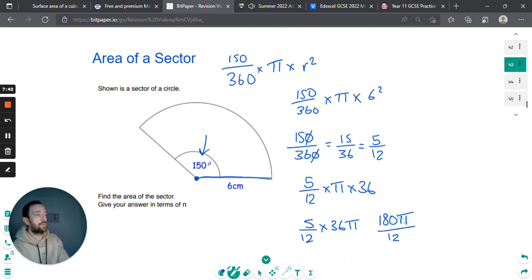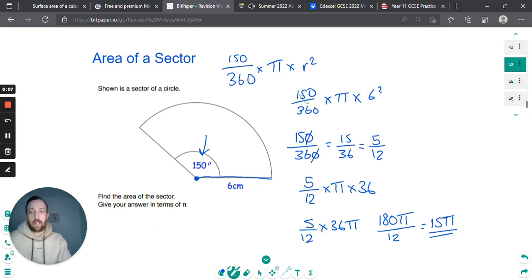Then how many 12s are in 180? 12 12s is 144, 13 is 156, 14 is 168, and 15 is 180. 15 times 12 is 180. So it's 15 pi. Give your answer in terms of pi.